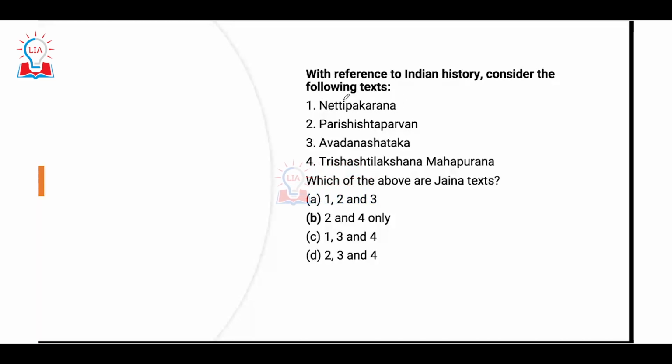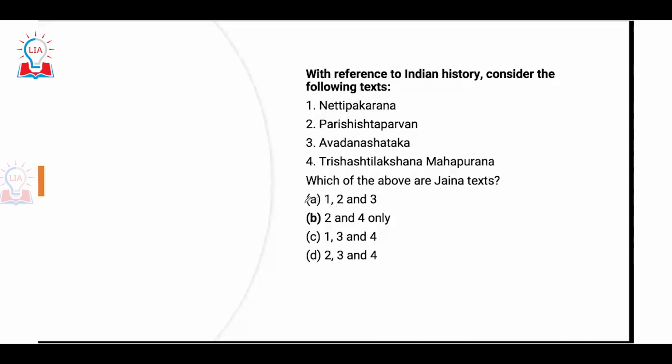Nettipakarana was written by a disciple of Buddha, and it is also said that this particular text related to Buddhist philosophy was narrated during the first Buddhist council. So the first option you can eliminate, which means options A and C, because Nettipakarana is a Buddhist text.